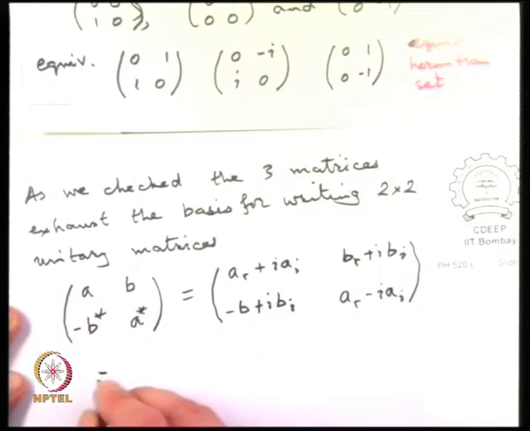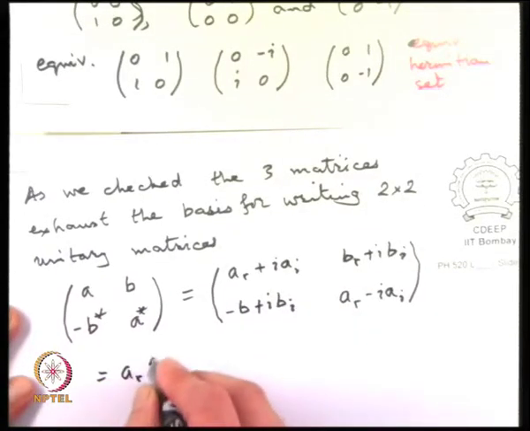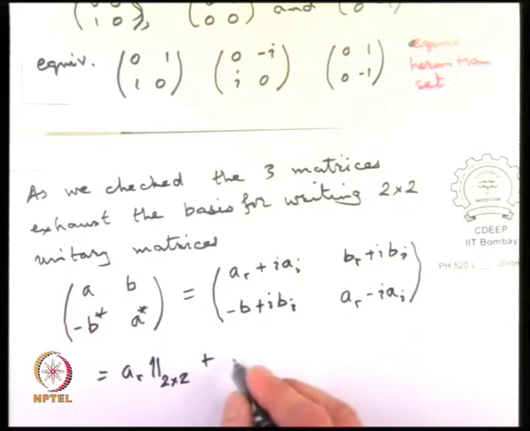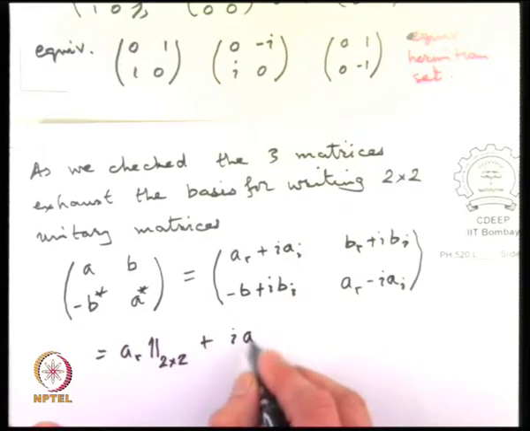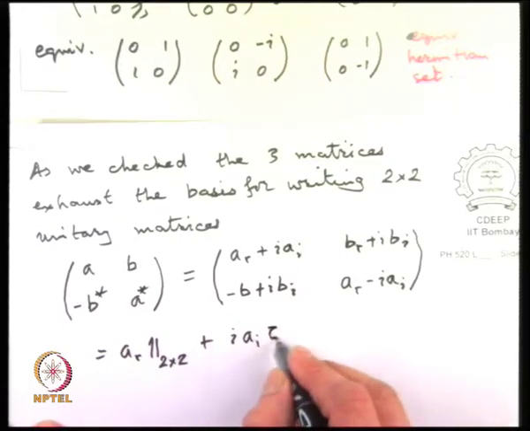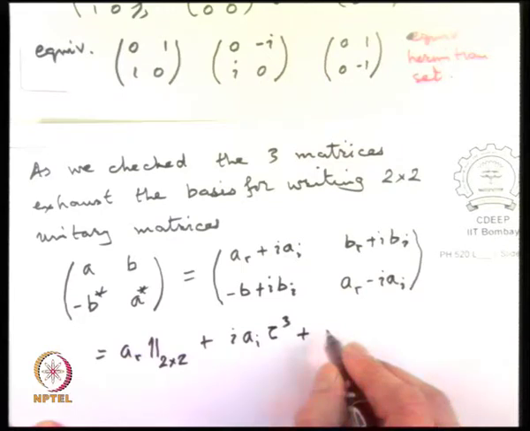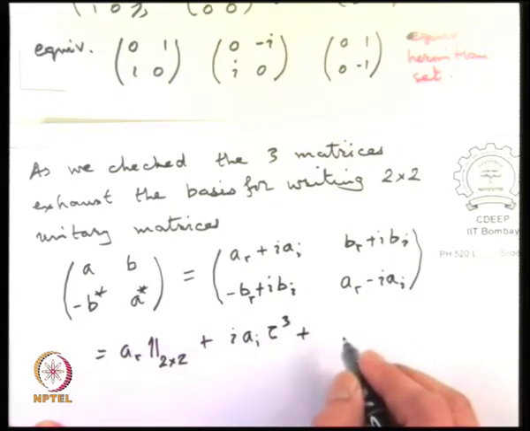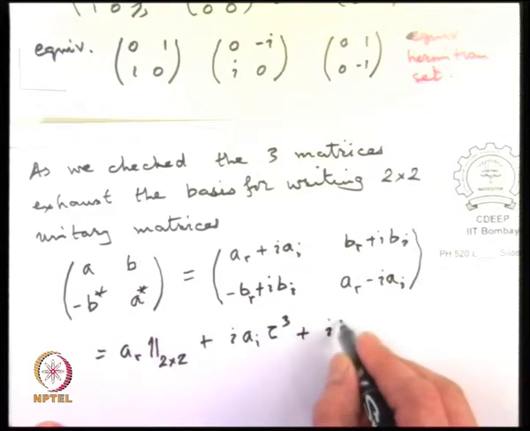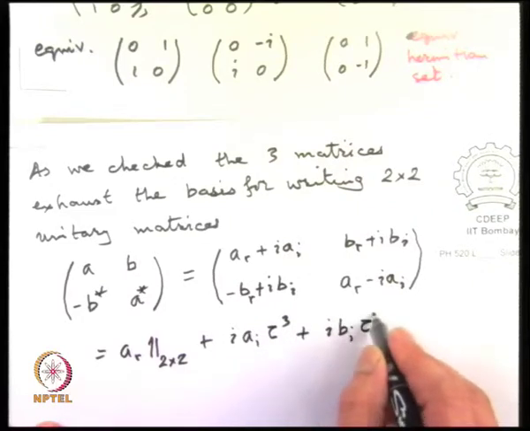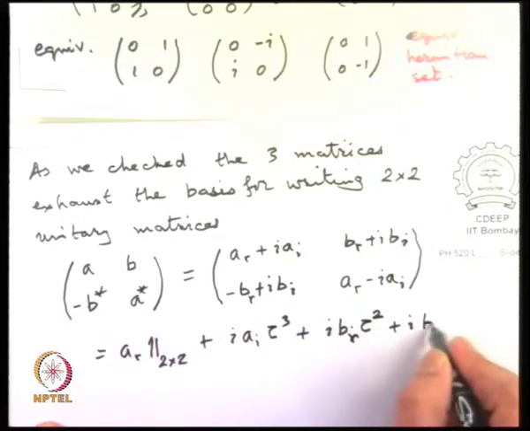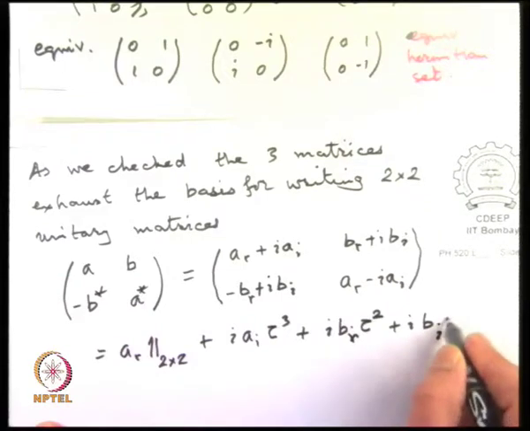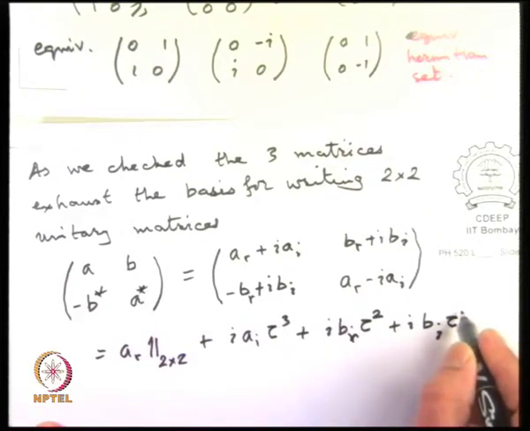So it just became equal to AR times identity plus AI times I times tau 3, plus BR times tau 2 and plus I BI times tau 1.